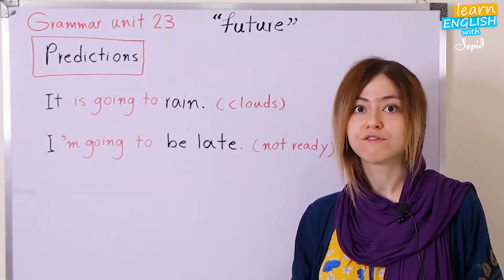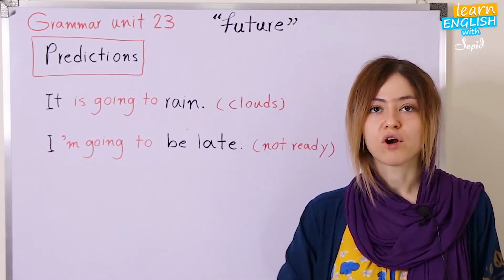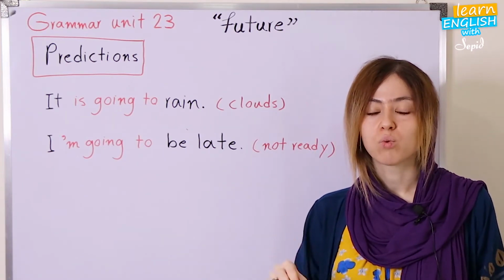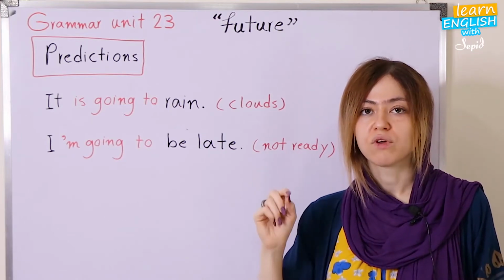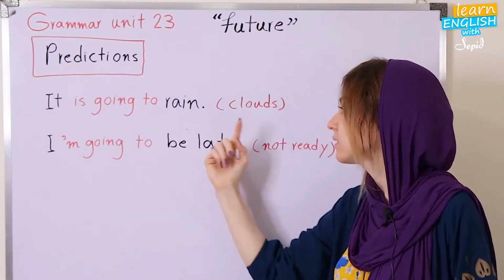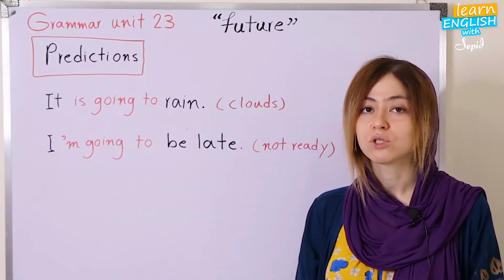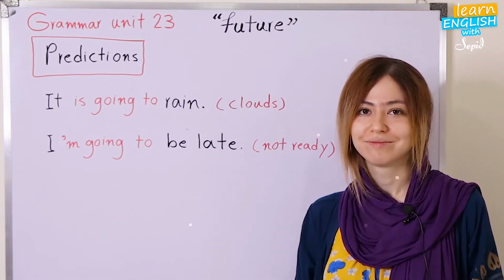We use be going to for two usages. So one of them was for intentions, which we are 100% sure that we are going to just do in the future tense, and for predictions, which are based on signs. So that was all about this grammar.